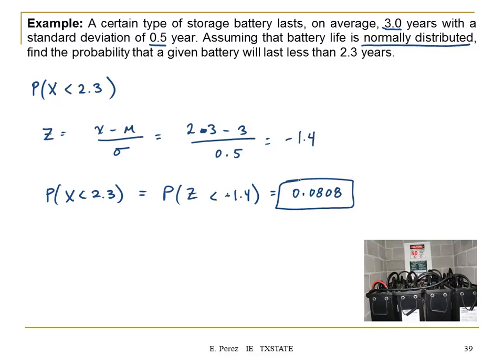Okay, so this one was very easy. Let's look at the next problem. Any questions about this problem? You can check the table again and find that value, negative 1.4, and check if you get the same value for the probability.